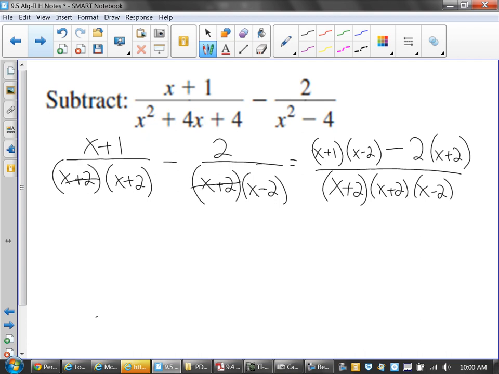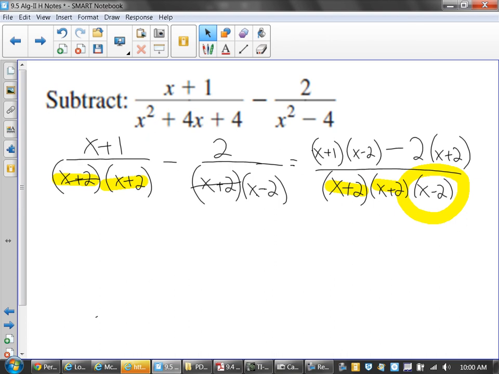Can you go over the numerator again? When you're looking at this, this one already has both x plus 2's. What is it missing? It's missing an x minus 2.